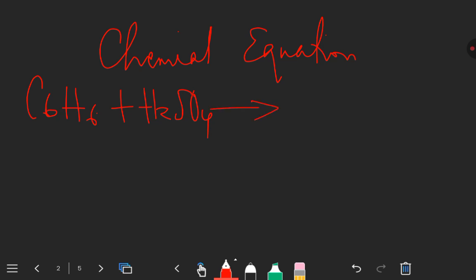Then what we are going to get is C6H5SO₃H plus H2O. So don't worry about this. We are going to look at where all this is coming from, and it should be reacting in concentrated sulfuric acid.